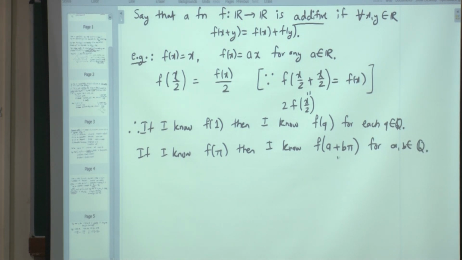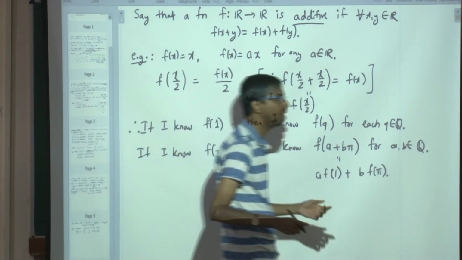What will it be? It will simply be a times f of 1 plus b times f of pi. Okay, but how many such a plus b pi's can there be?